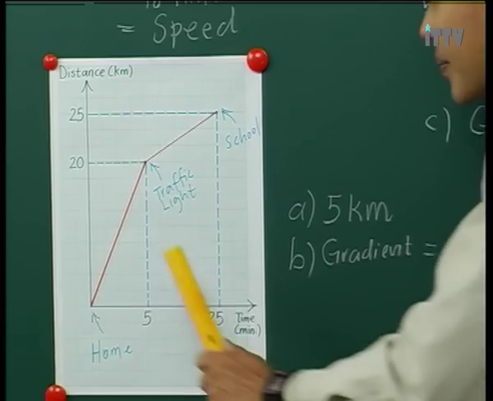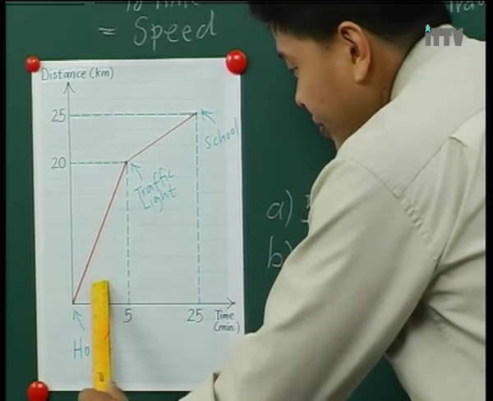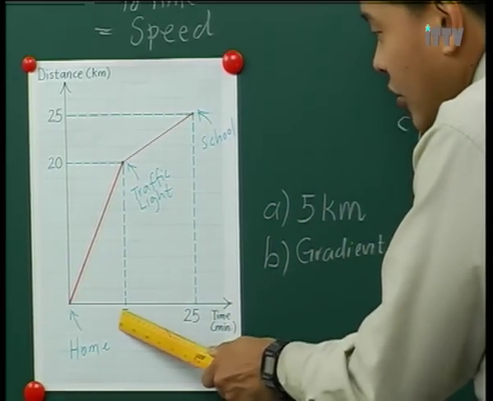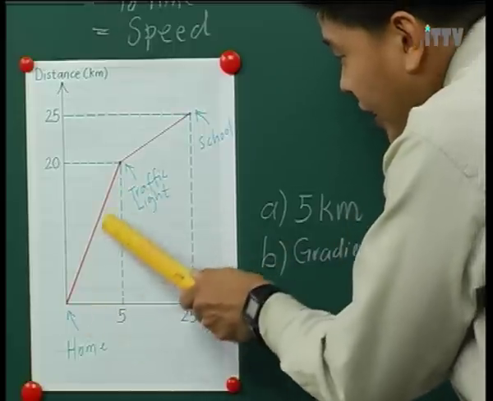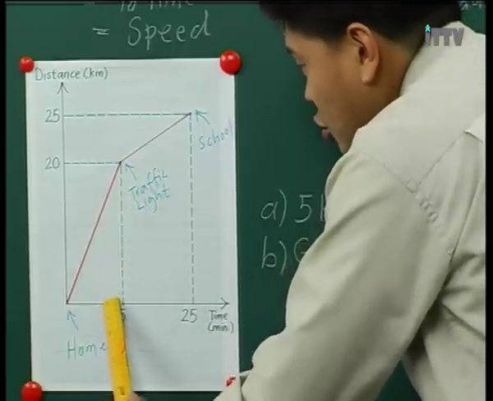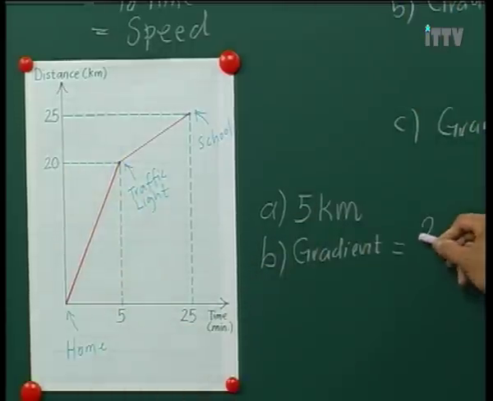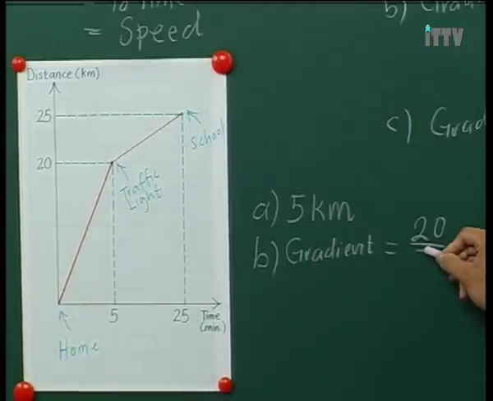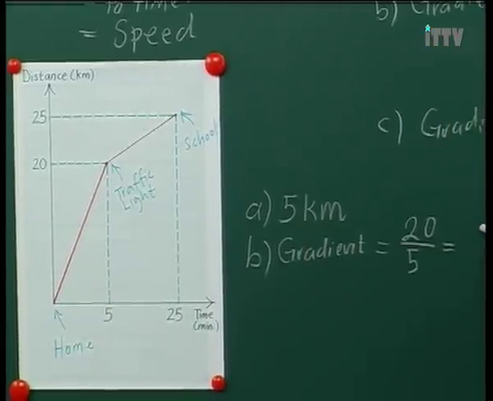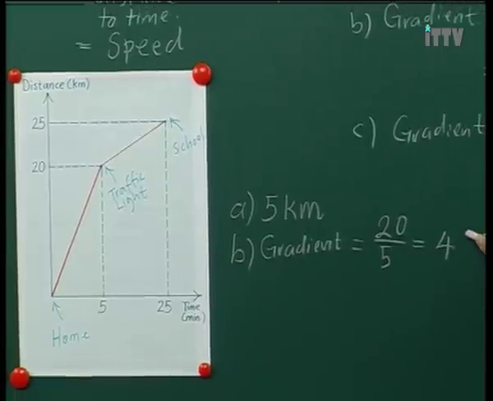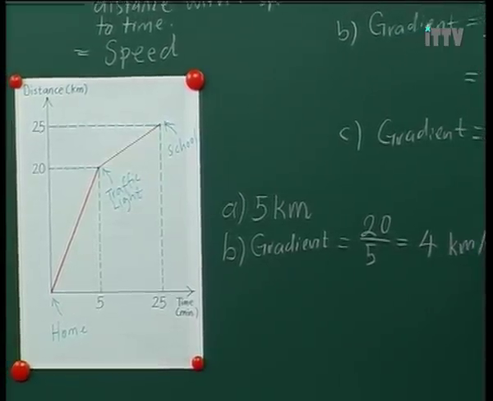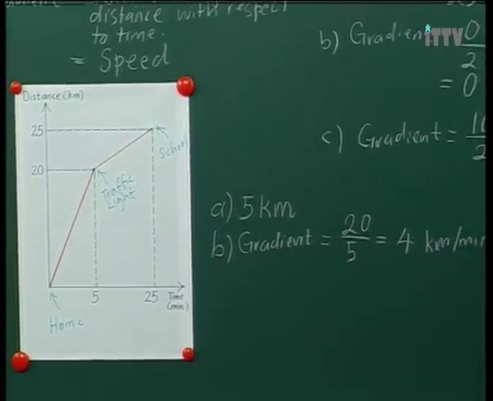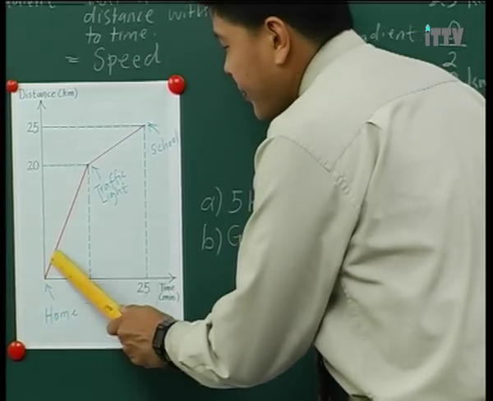I'm going to use vertical distance over horizontal. This is the right angle triangle. Vertical distance is 20 kilometers, horizontal distance 5 minutes. So the speed is 4 kilometers per minute. Where is that? Right here.